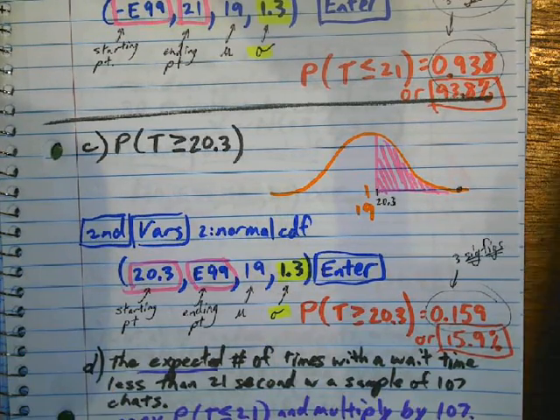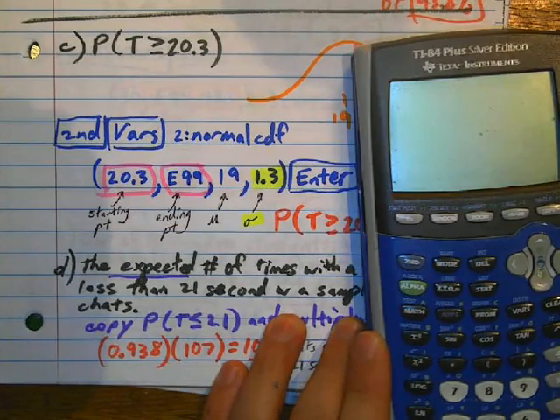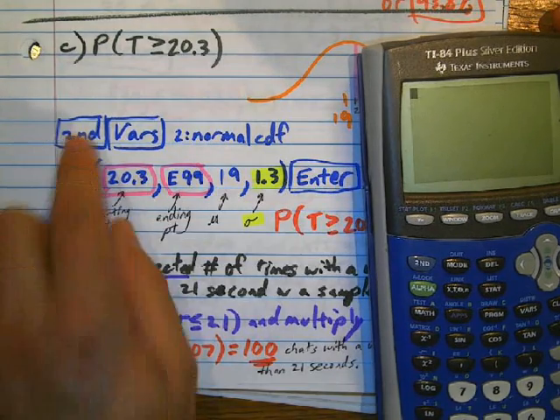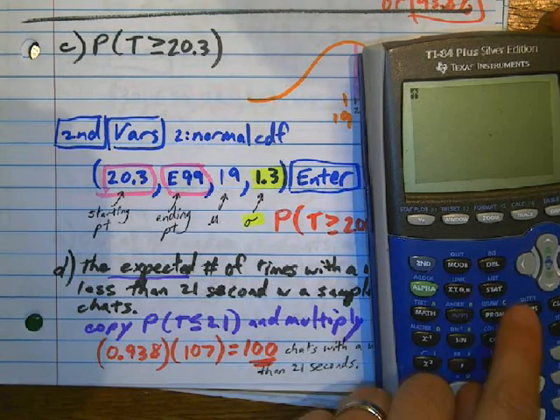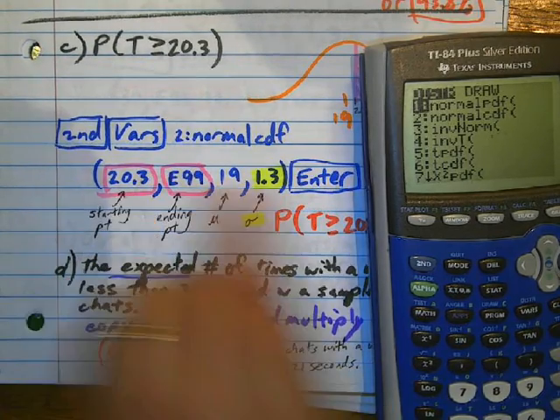Okay, let me just type this in so you can see what it looks like. I hit enter. Second var, and then normal CDF, that's the second one.